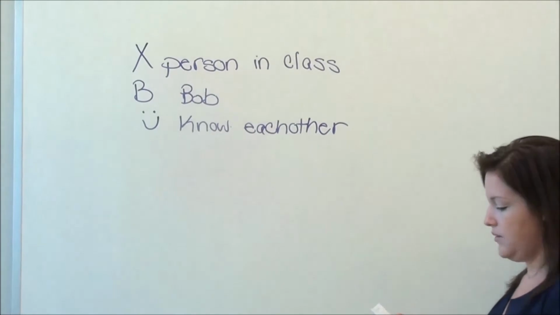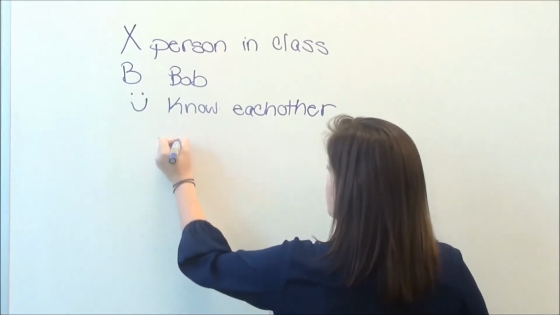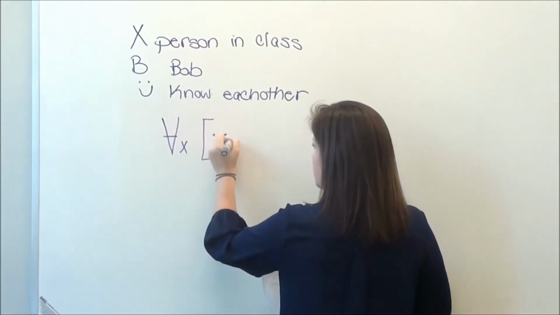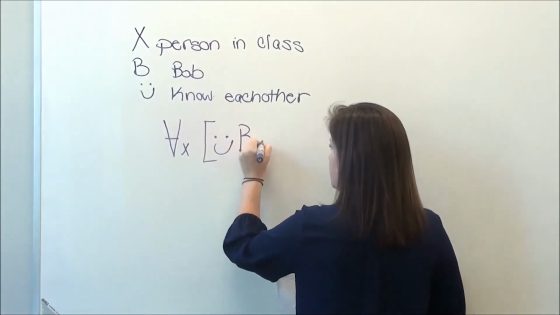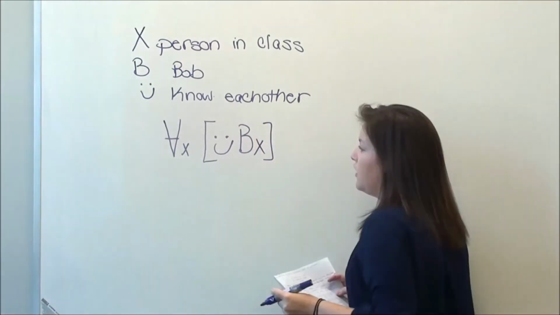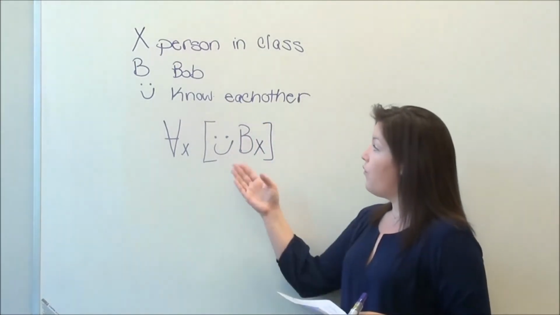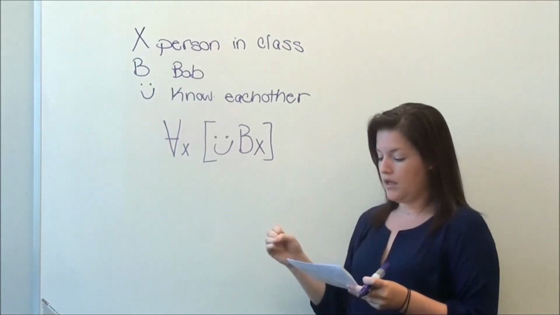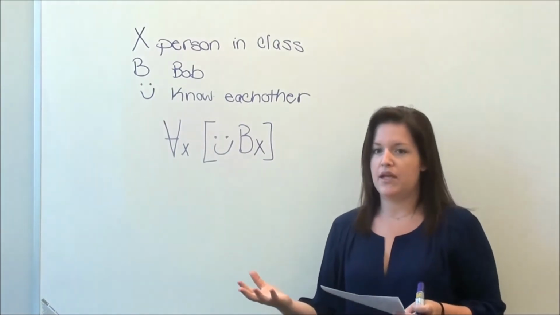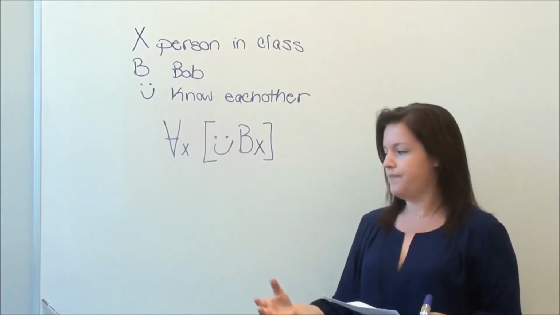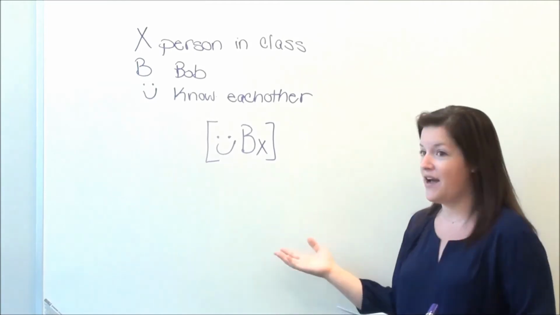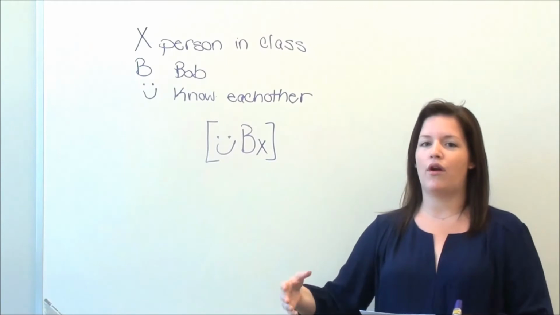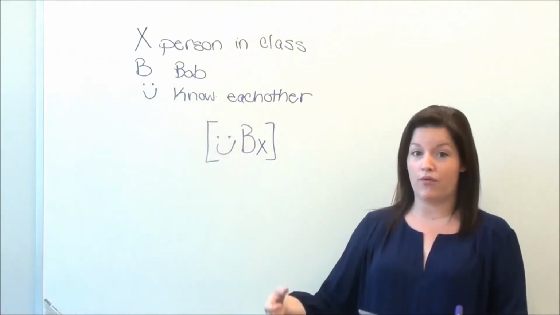So the statement I'm going to make is this. And this reads mathematically as, for all people in the class, Bob knows this person. Now, in English, this simply means that Bob knows everyone in the class. Once we remove the quantifier, the statement now reads that Bob knows X. We can say that X is Clara or Henry, and then the statement will be true or false.